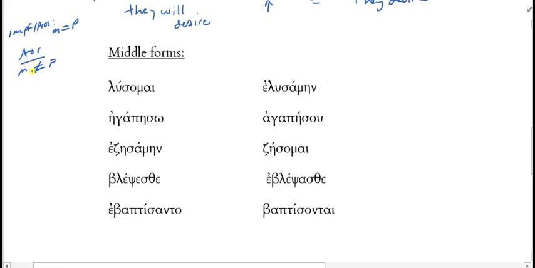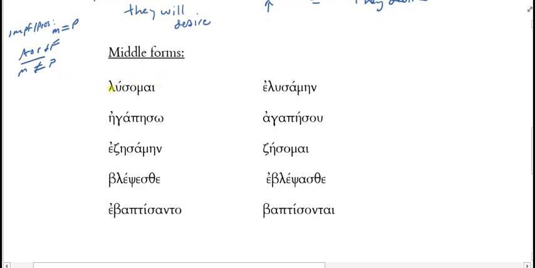That's not true in the aorist. So when we learn the aorist middle and we're parsing such a form, do not also call it the aorist passive. The aorist passive will actually use a different tense formative than the aorist middle does, and they'll use different endings as well. So we're just focusing on middle forms. This is true for the aorist and the future, by the way. The future passive is going to be different from the future middle.